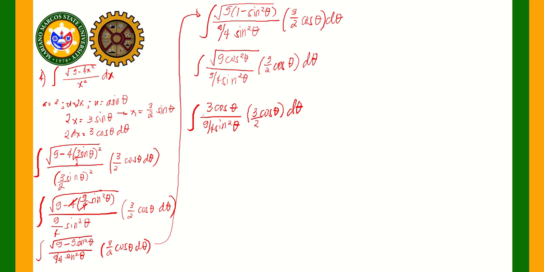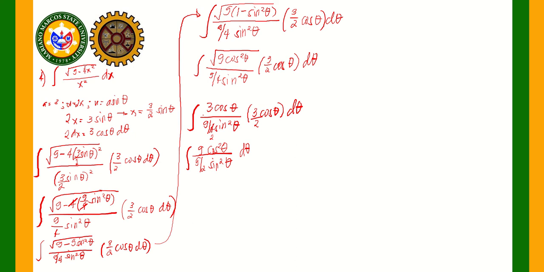Okay. So simplifying further, 3 times 3, that will be 9. And cosine theta times cosine theta is cosine squared theta. All over, for the 2, we multiply it here, so this will cancel, and what remains here will be 2. So this is 9 over 2 sine squared theta d theta.